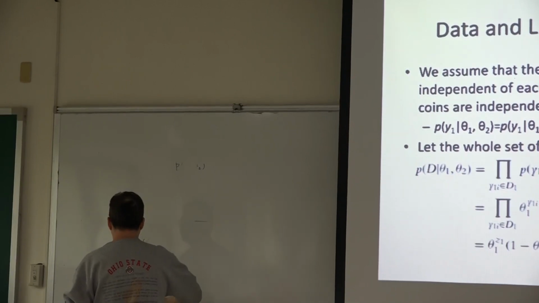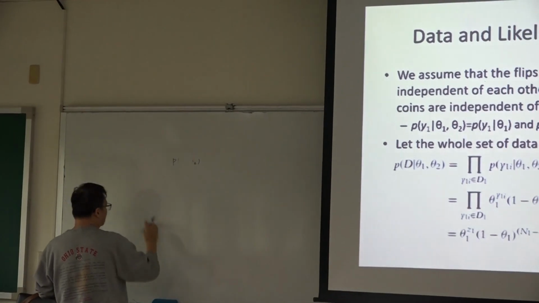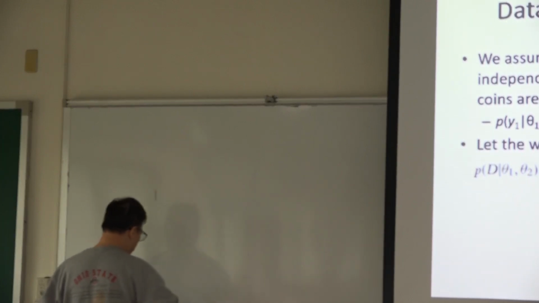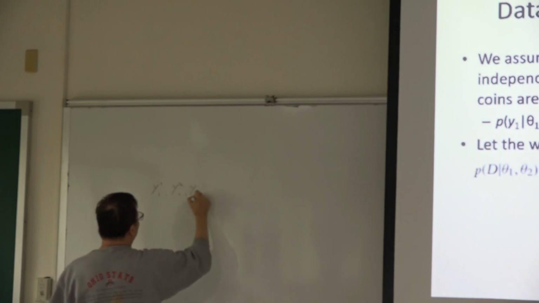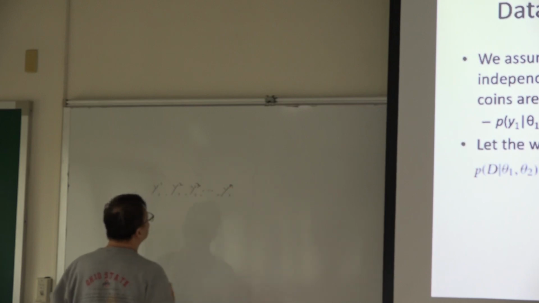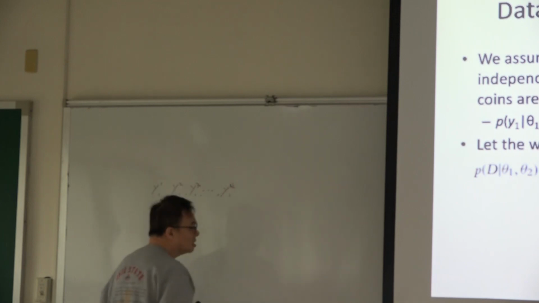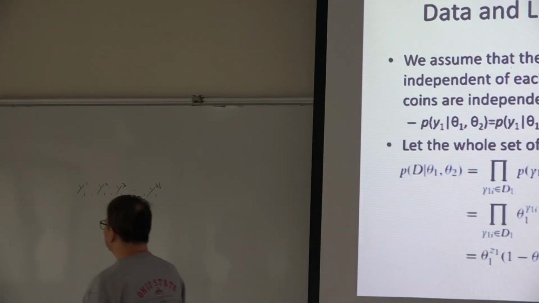Assuming the subscript represents the outcome of a particular coin, suppose for the first coin the outcome is y1,1, y1,2, y1,3, and so on up to y1,n1, using the notation we have here, because for the first coin we actually flip it n1 times.